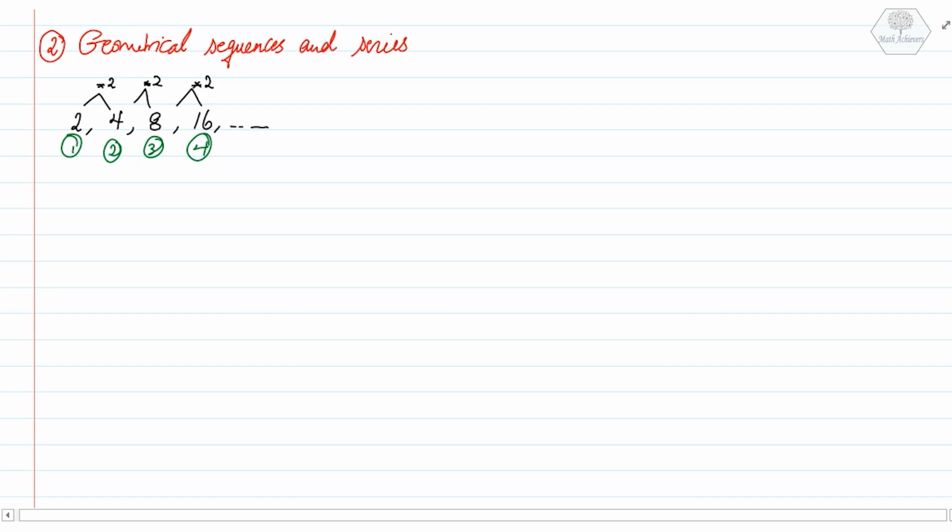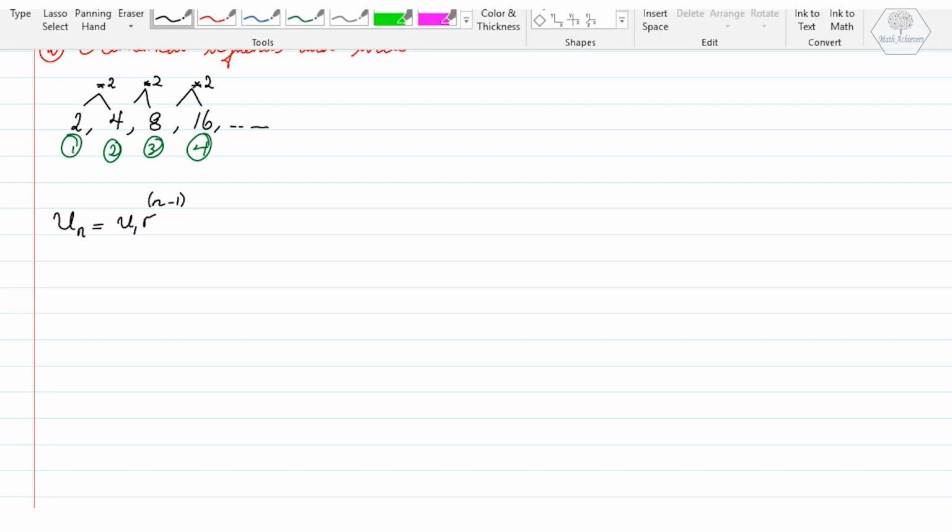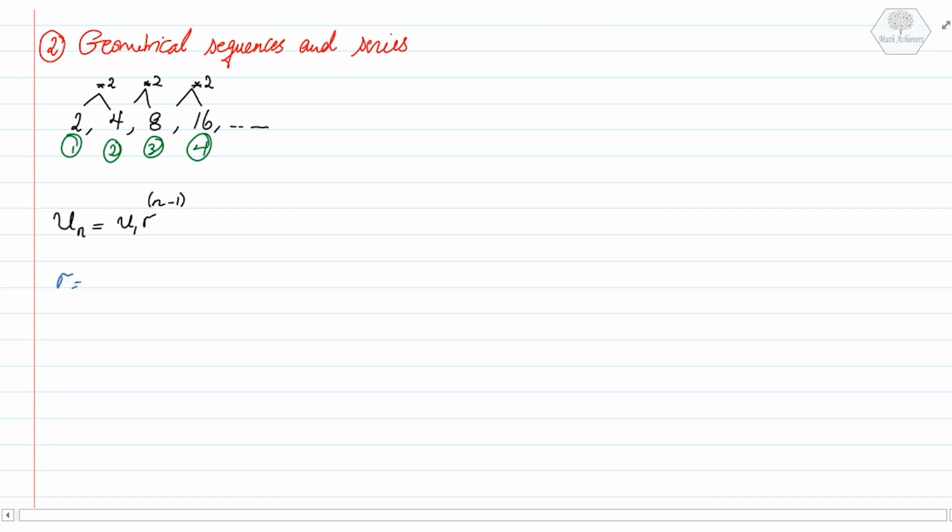So to find any term, I have u, nth term, is equal to u1, which is the first term, times r, which is the common ratio, to the power of n minus 1. R here is the common ratio.